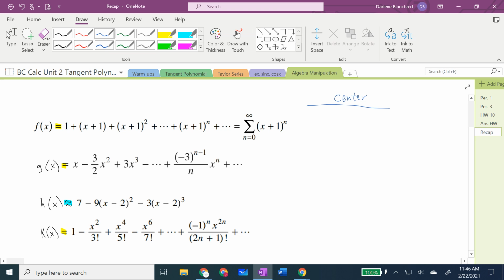Where is it centered? And we've got 4 of them, so hold on. Maybe I'll put a number 1, 2, 3, and 4.